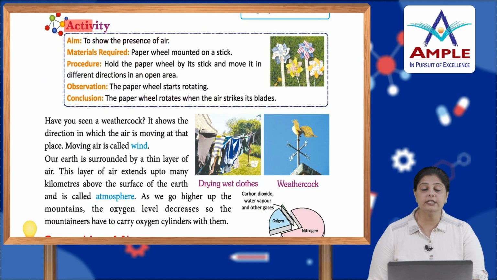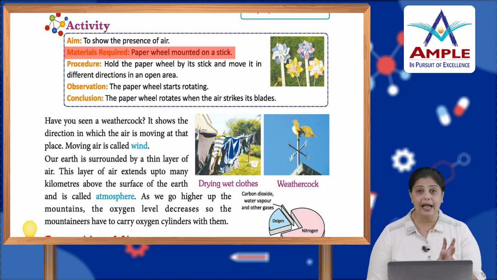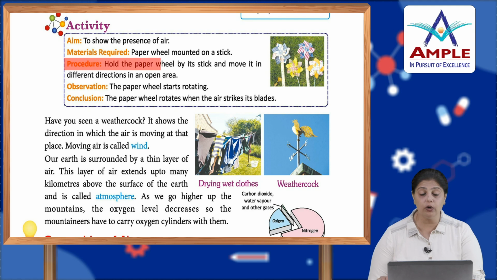Let's do this activity to show the presence of air. The material required is a paper wheel mounted on a stick. You can make these paper wheels and mount them on a stick. The procedure is to hold the paper wheel by its stick and move it in different directions in an open area. You will observe that the paper wheel starts rotating.